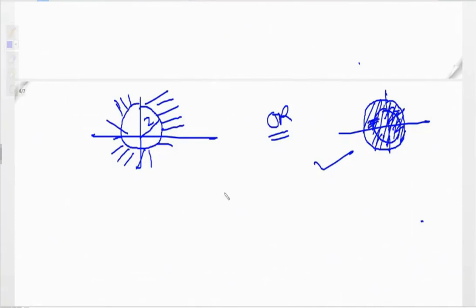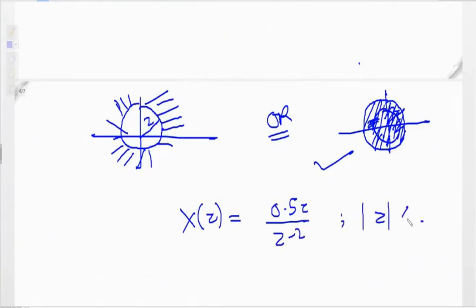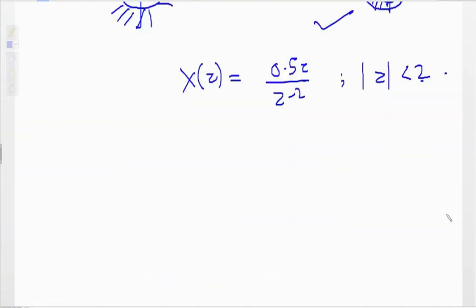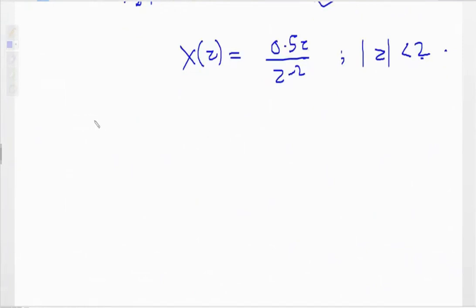So definitely for our X of z, which is nothing but 0.5 z divided by z minus 2, the ROC must be magnitude z less than 2. And for this, what will be its inverse? So 0.5 is a constant. Now what is the inverse z transform of z upon z minus 2?